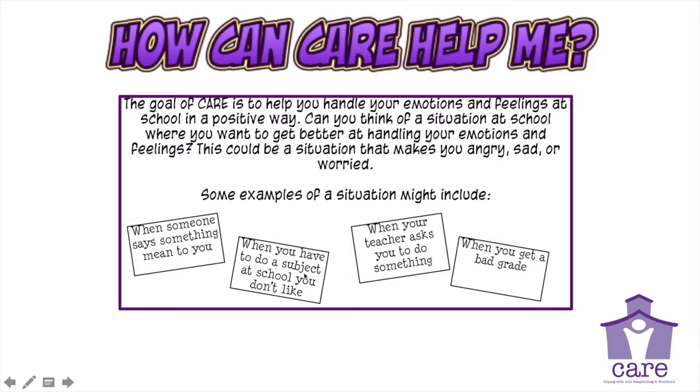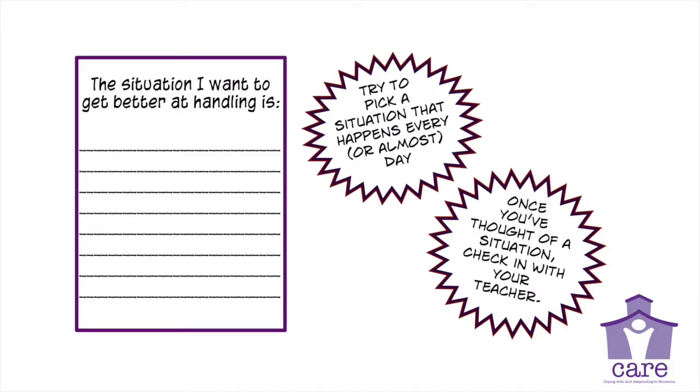Like some students really struggle during classes like math or reading, and so maybe that's a time where students don't handle their emotions and feelings very well. When they're given directions by teachers, when they get a bad grade. Just some examples there, definitely not limited to that. But really have students brainstorm a situation at school where they think, you know, I need to get better at handling my emotions there.